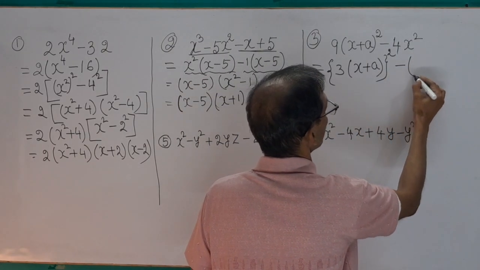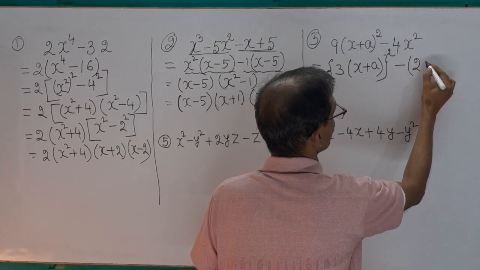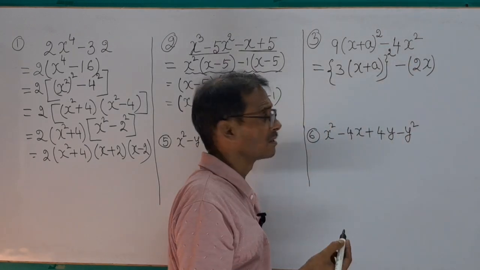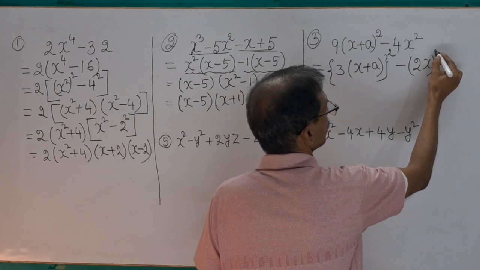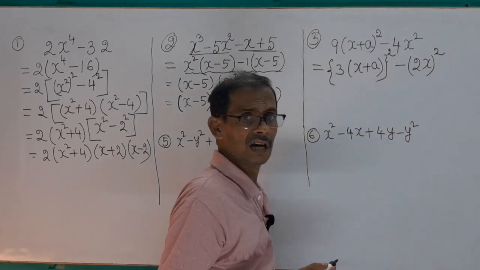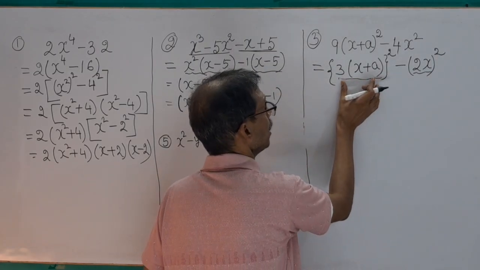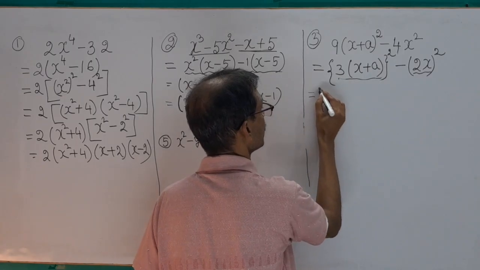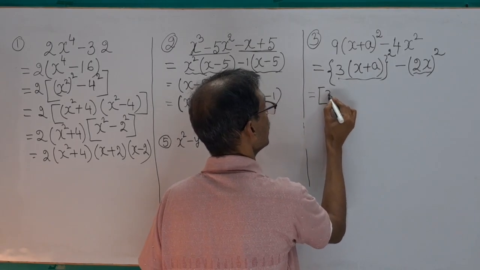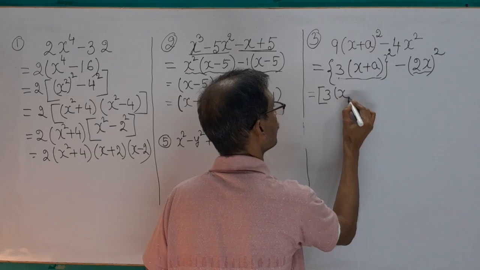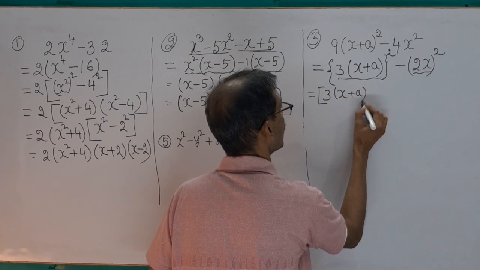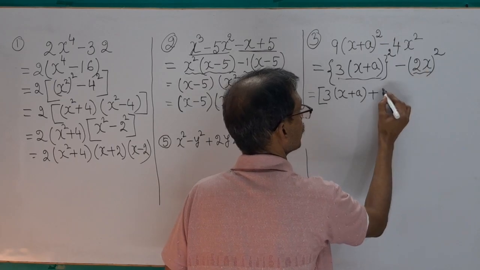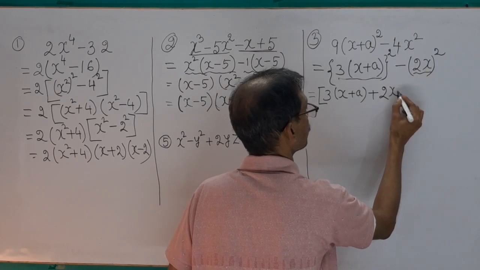Minus, here 4x whole square, so minus 2x whole square. Okay, now a square minus b square, we can write first one is written, then the plus and the second one means 2x.